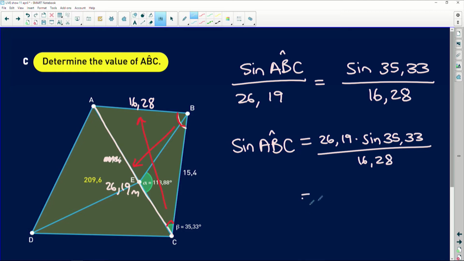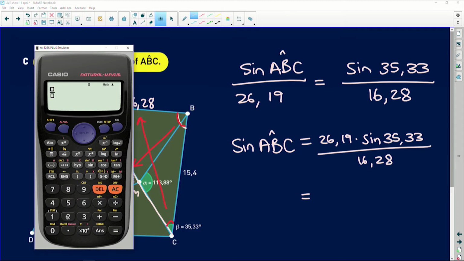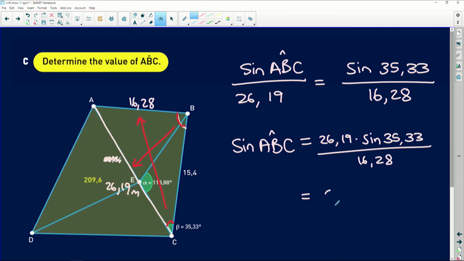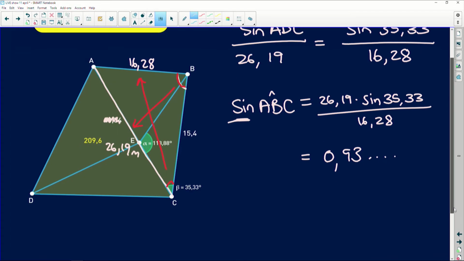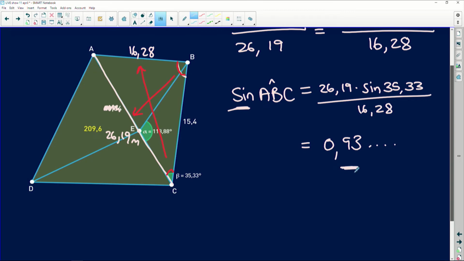Okay, so let's stick that into our calculator. We get 26,19 multiplied by sine of 35,33 all over 16,28. Okay, and we get a rather tiny number. It's 0,93 dot dot dot. But remember, that was sine of that angle. So now we need to find arc sine of this ratio that we've got here.